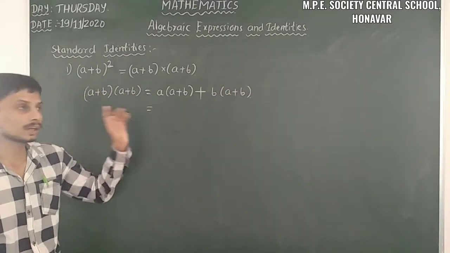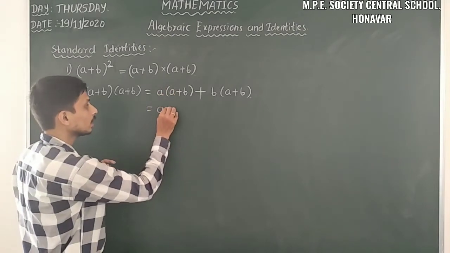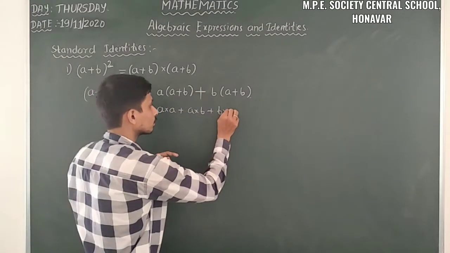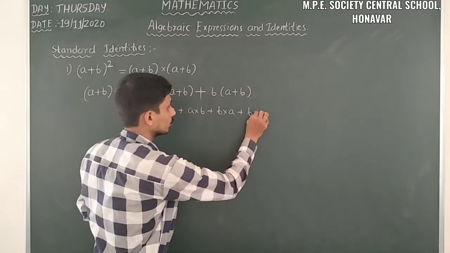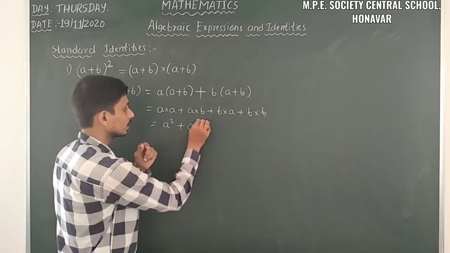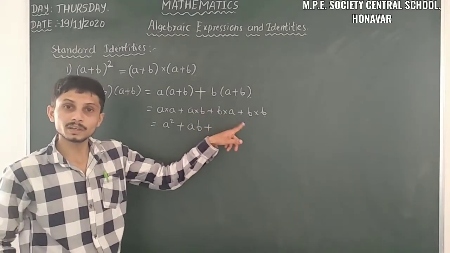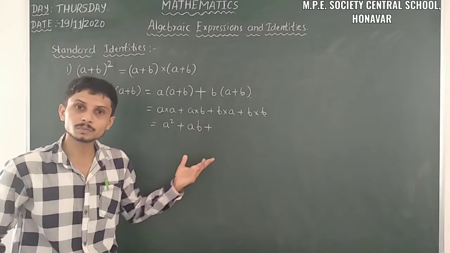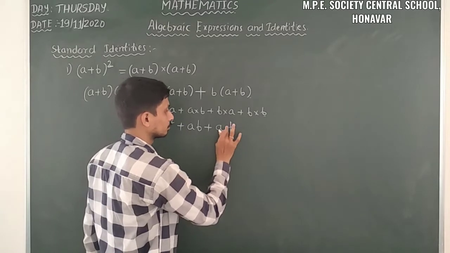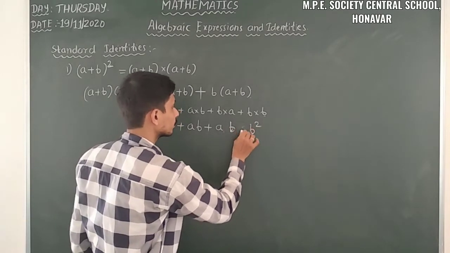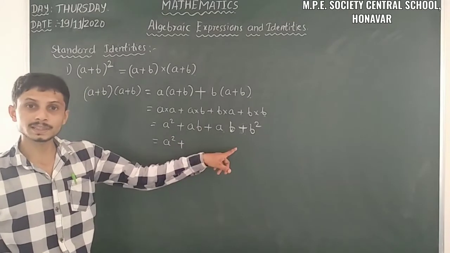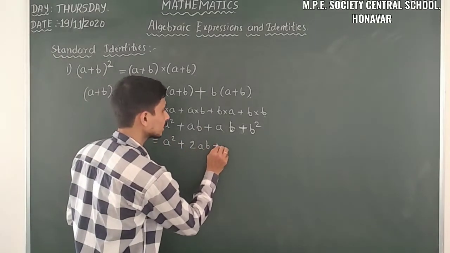Here monomial with the binomial: we multiply with the first term, a into a, plus a into b, plus b into a, plus b into b, is equal to a square plus ab plus ba plus b square. Both are the same because of the commutative property, so we can take ab directly. So it is a square plus ab plus ab, that is a square plus 2ab plus b square.